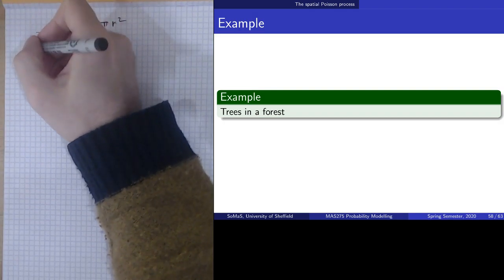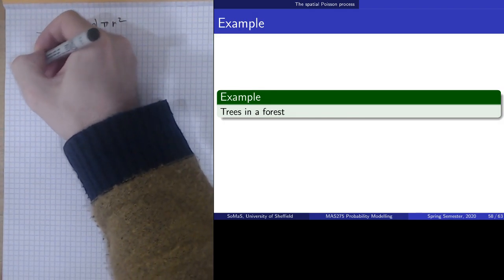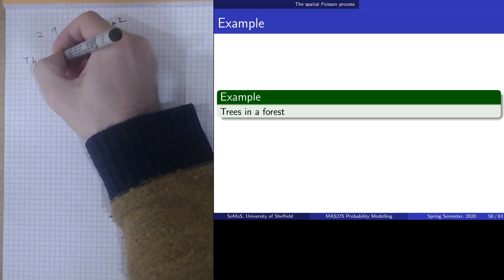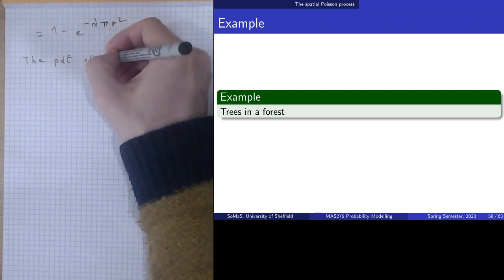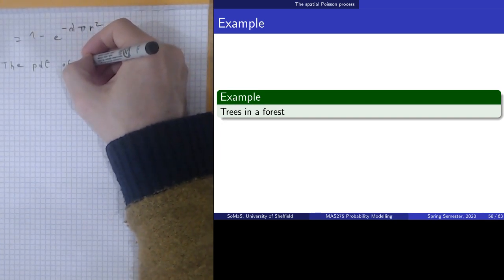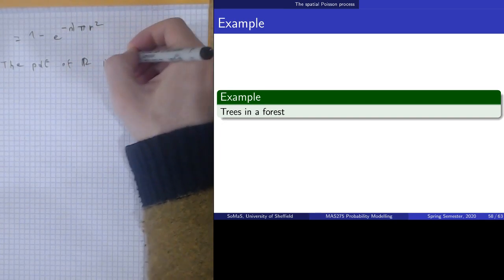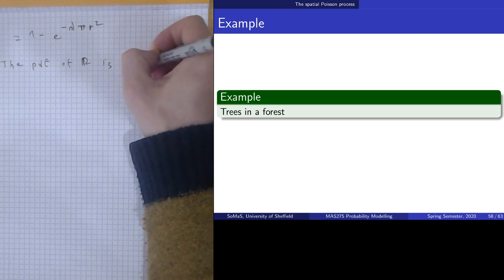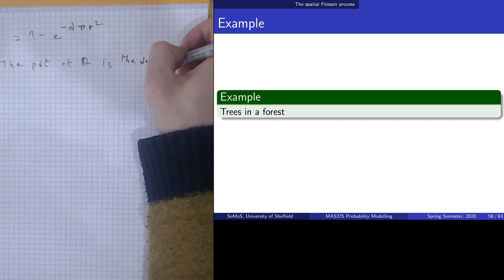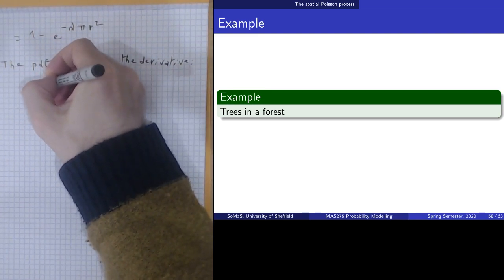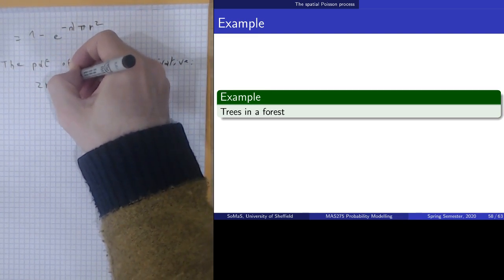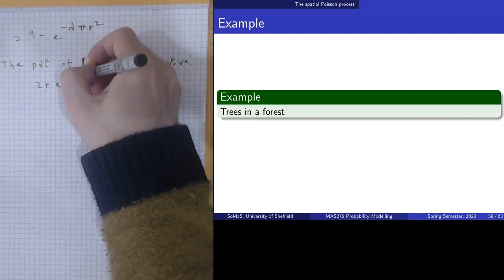And so the density is a derivative, of course. So the PDF, probability density function of R, is the derivative, so the derivative of that is 2 pi lambda r exponential of minus lambda pi r squared.